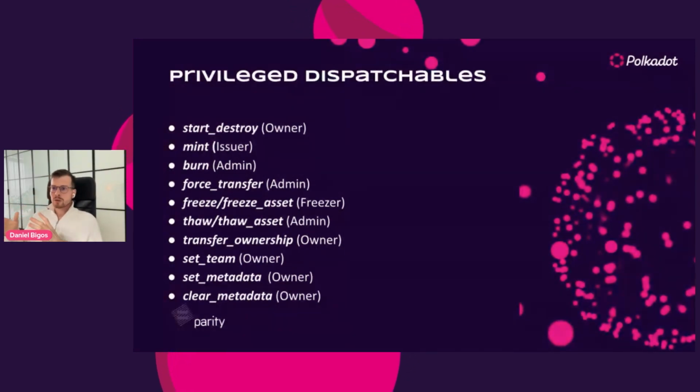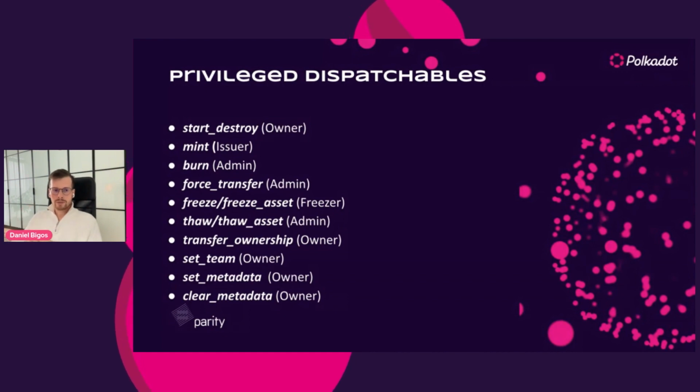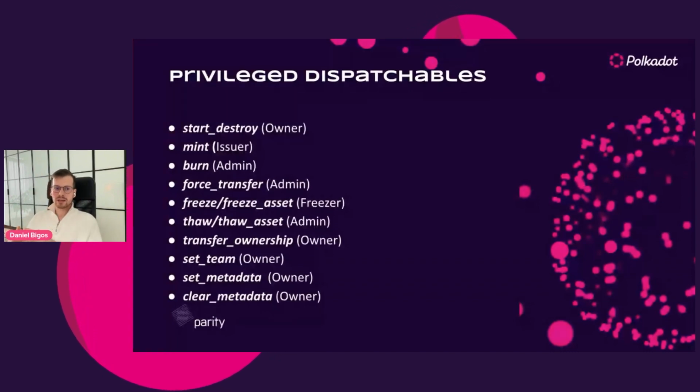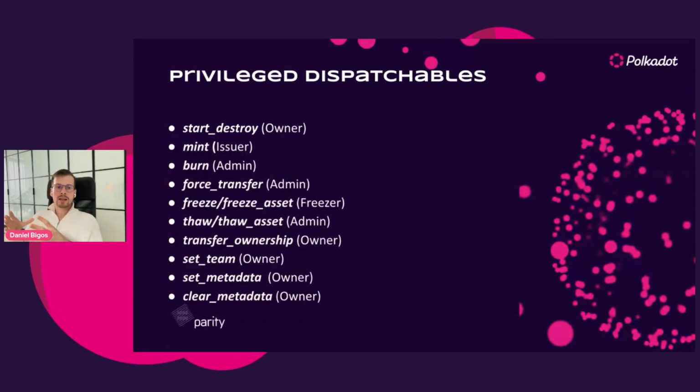As I mentioned previously about the freezer, the freezer can freeze an asset on a specified account, and also the whole asset class. We have the opposite action to the freezing mechanism, called thaw. We can also change the ownership of the asset with transfer ownership, and only the current asset owner can transfer ownership to someone else.